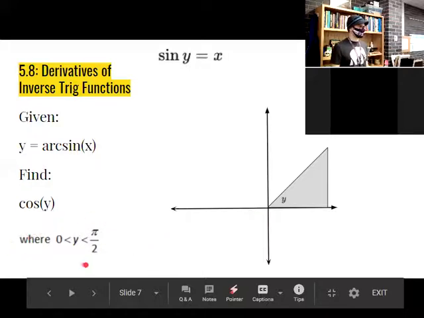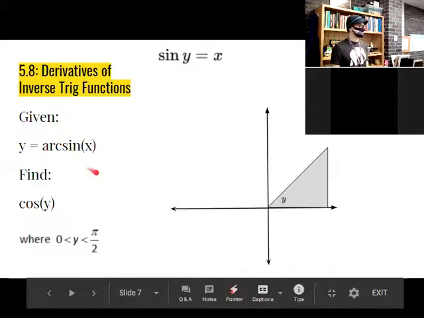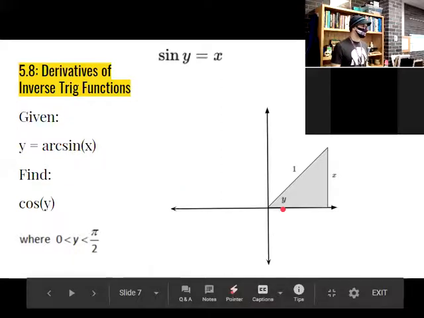This right down here also helps inform me where I should draw it. I was given extra information that it should be in the first quadrant. Well, based on the fact that y equals arc sine of x, I can label this triangle a little bit further, because sine of this angle should equal x.